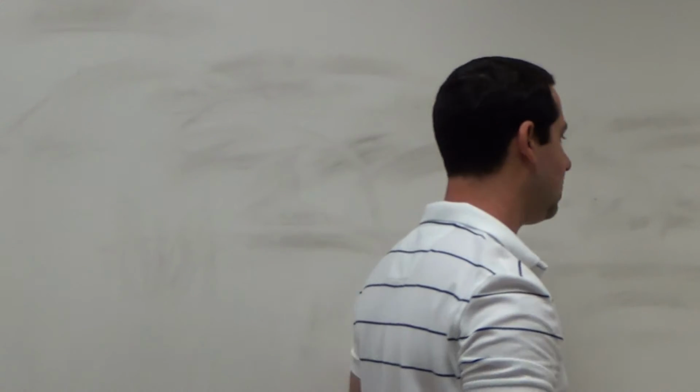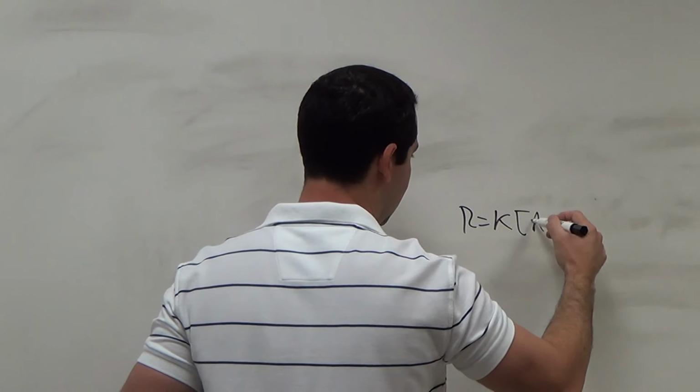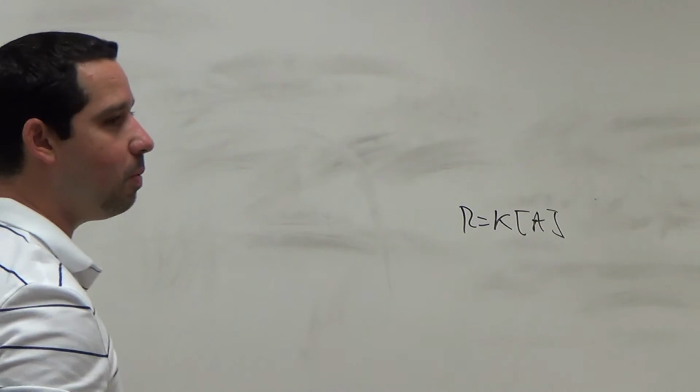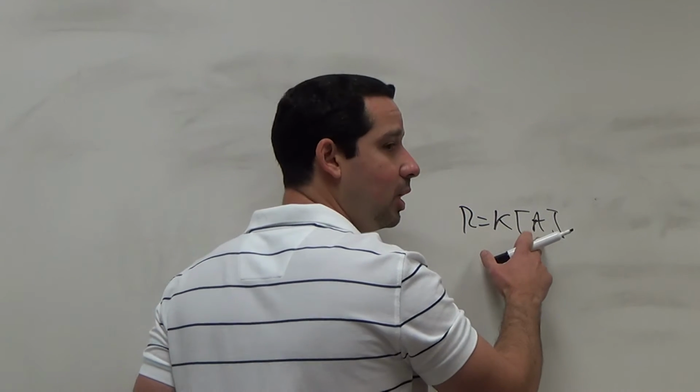Alright, look, let's say this. First order, yes? Let's say I double the rate. I mean, not double the rate, I double the concentration. What happens to the rate? If I say double the concentration, do I need to know what A was at the beginning?